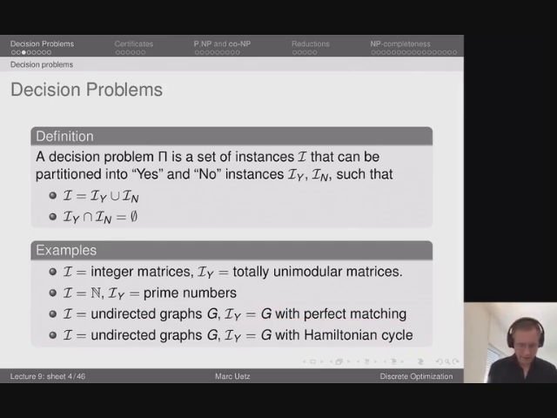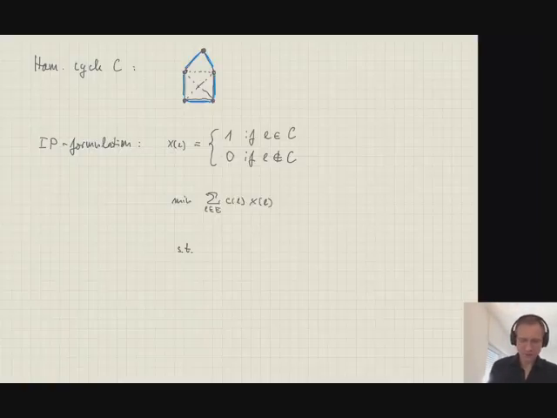Another, final example, again on undirected graphs: the yes instances would be those that do have a Hamiltonian cycle. Just to recall what that problem is, a Hamiltonian cycle is a cycle that visits all the vertices of the graph exactly once.